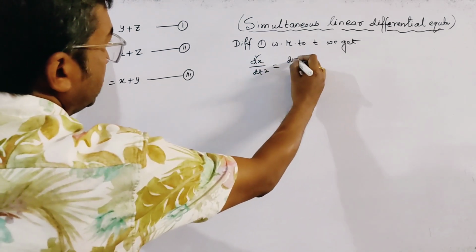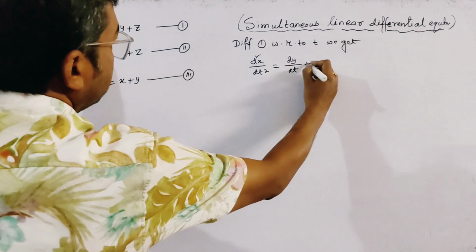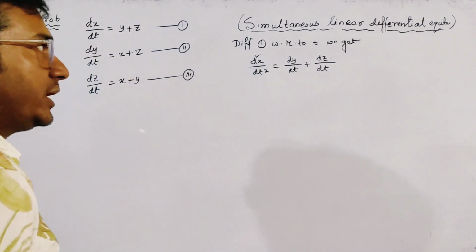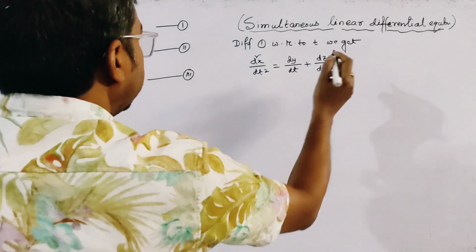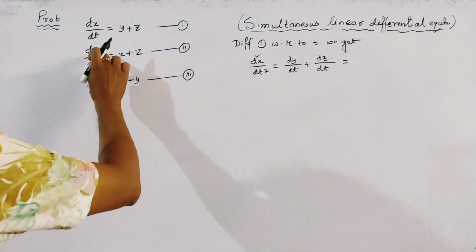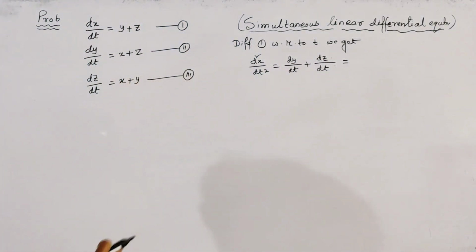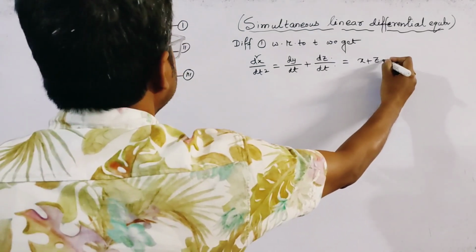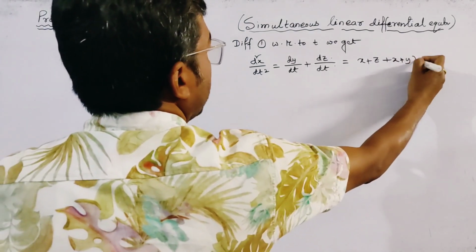This is equal to dy/dt plus dz/dt. Now using 2 and 3, we put the value of dy/dt and dz/dt here. We get the relation as (x plus z) plus (x plus y).